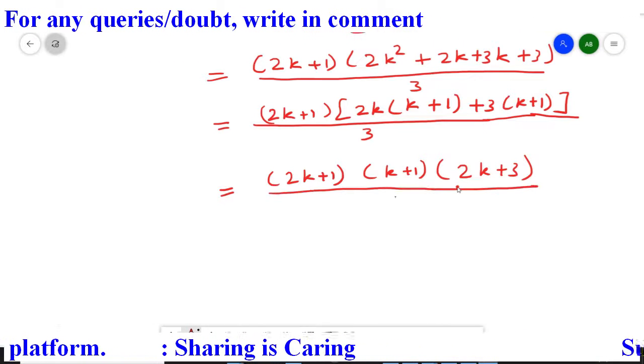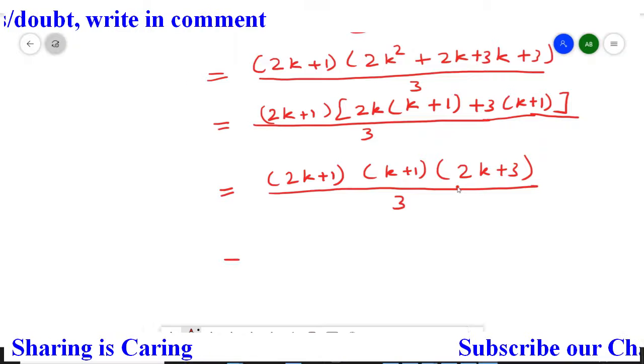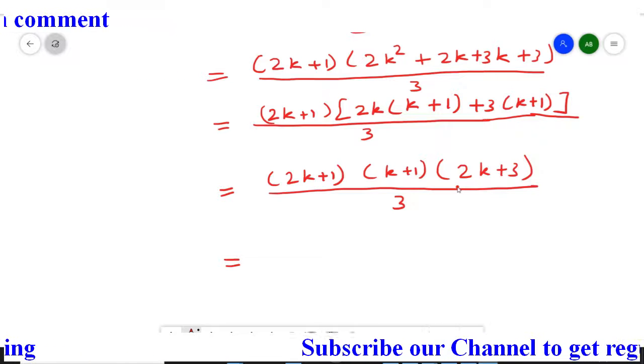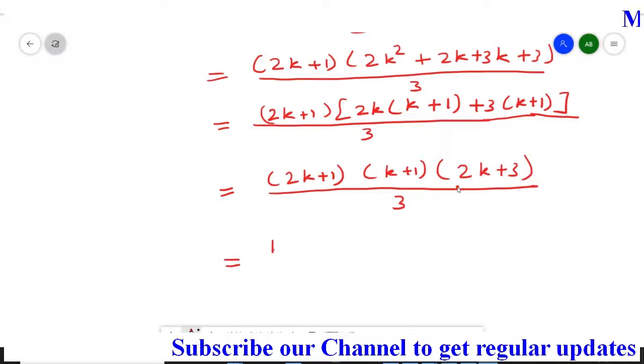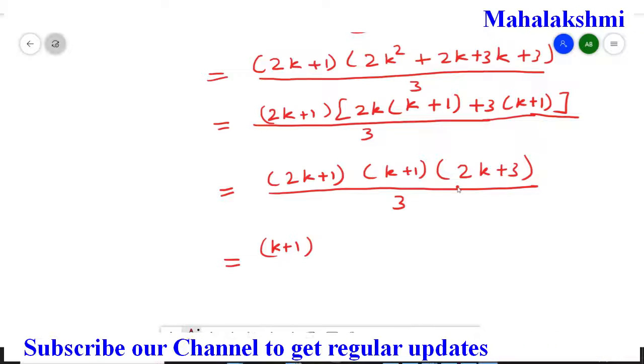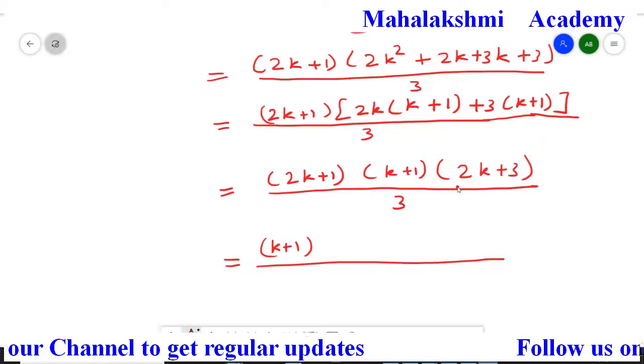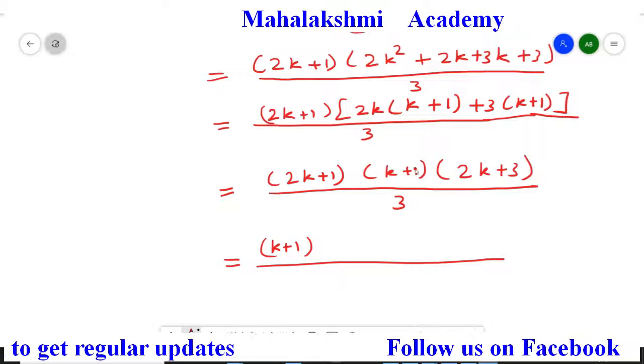then divided by 3. Now this answer we are going to arrange according to the right hand side of our given question. So we write it as k plus 1. So this k plus 1 I wrote as it is.